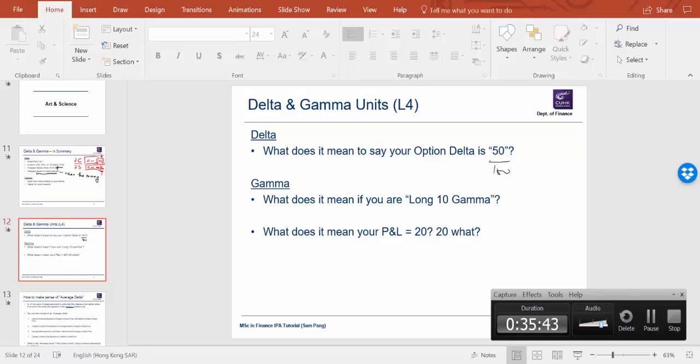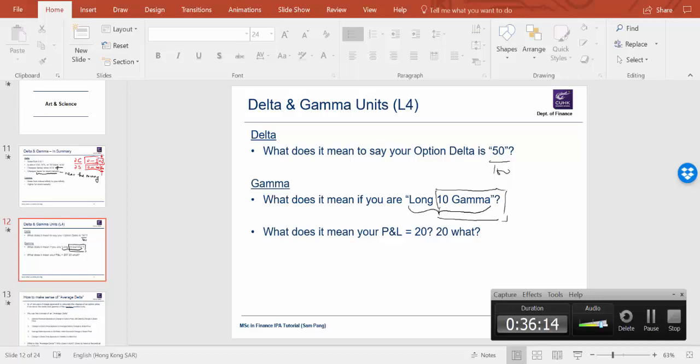And I think frequently you see in the lecture notes they start talking about long 10 gamma. So I have a portfolio of options, and I'm long 10 gamma. It sounds like you talk about gammas like apples and oranges, but this long 10 gamma actually has some meaning.